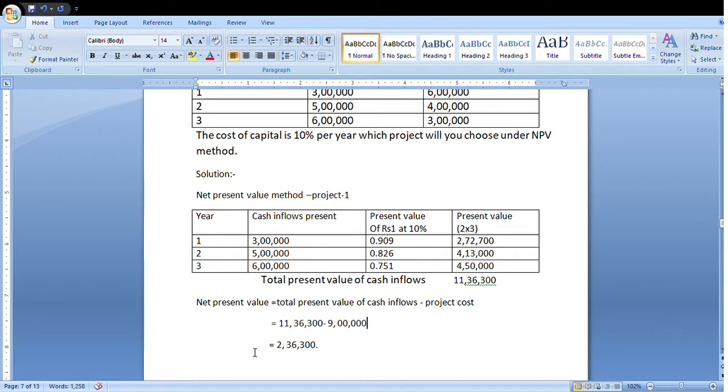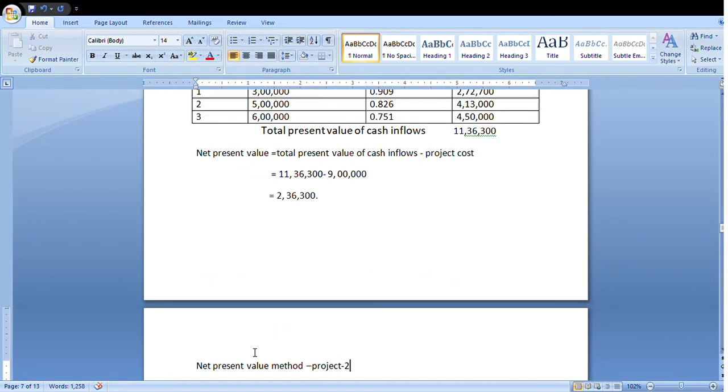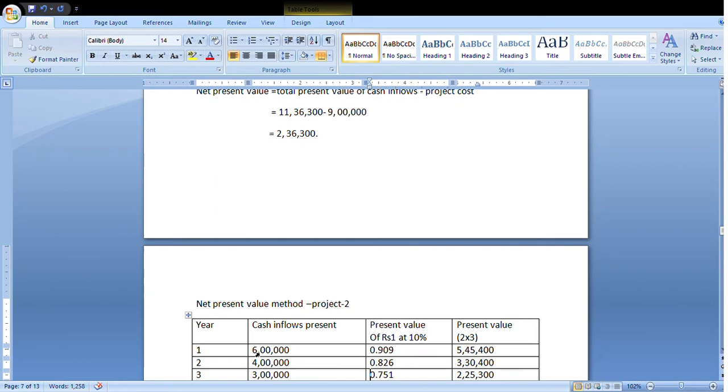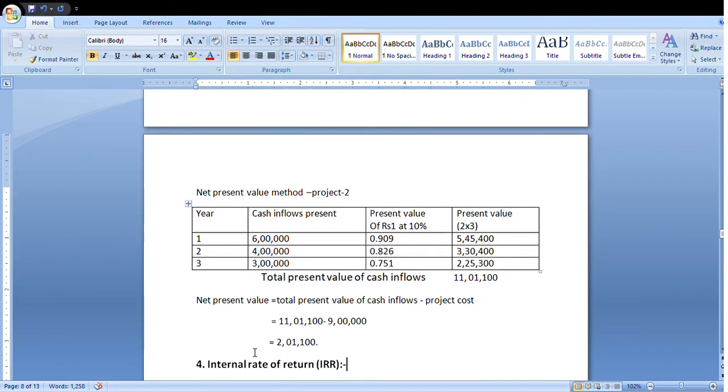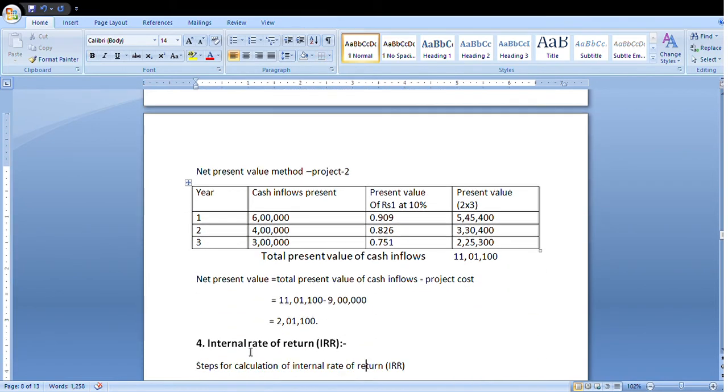For the first project, the net present value calculation is over. The same procedure is followed for the second project. Net present value method, project 2.